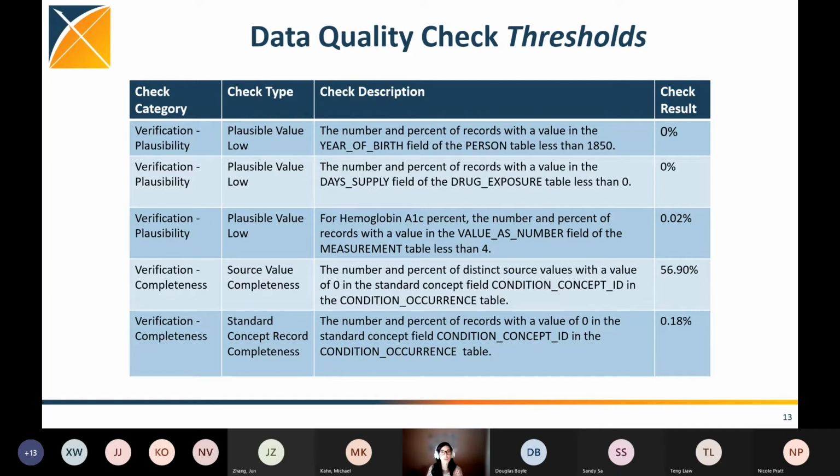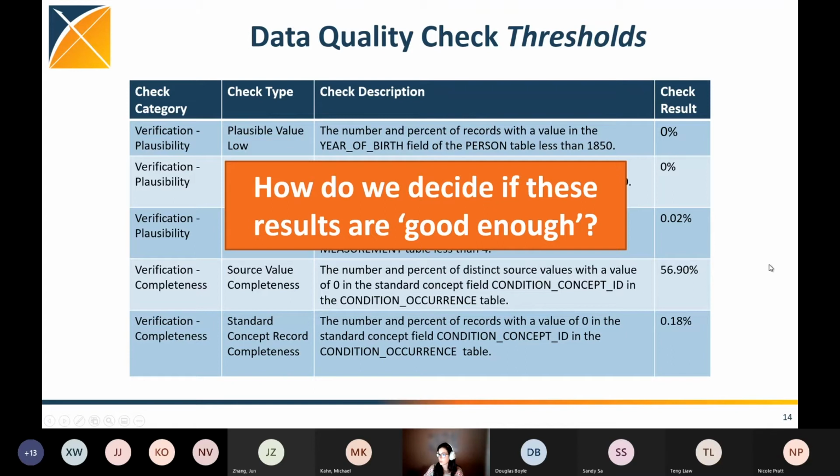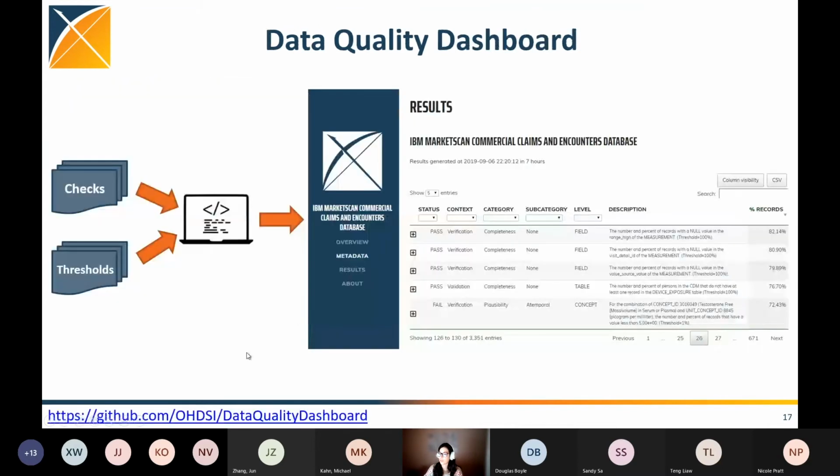It gives you the final result and then tells you whether or not that final result passes or fails based on the definition that you have given it. We do have a set of default thresholds that come with the tool, but it is extremely flexible per site and per database. So I'm going to just skip this part in the interest of time.